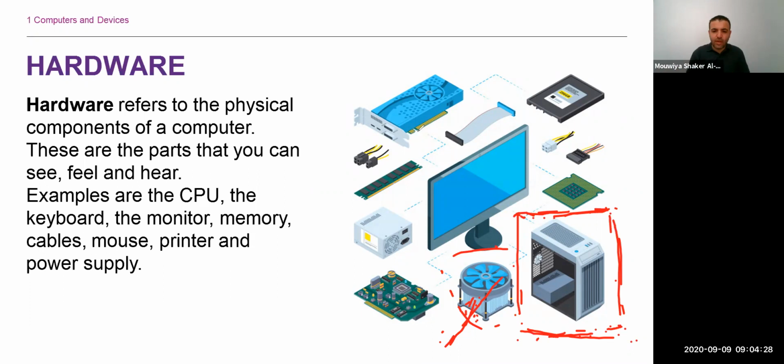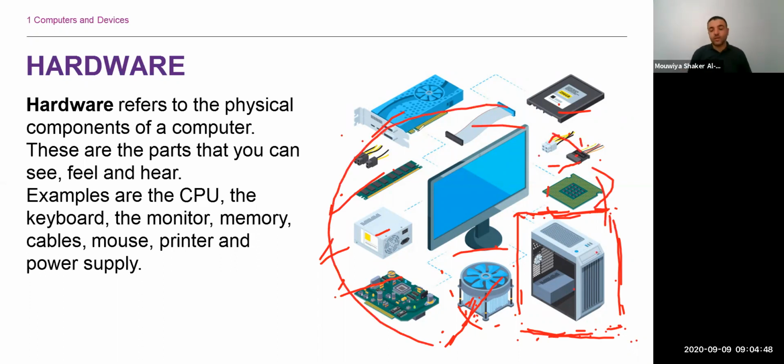So the motherboard, this is the motherboard, this is the power supply, RAM memory, here we have the hard disk, here a slot for the screen, BIOS, cabling. All of this is the hardware. So anything you can touch is hardware. I wish this is clear for all of you.